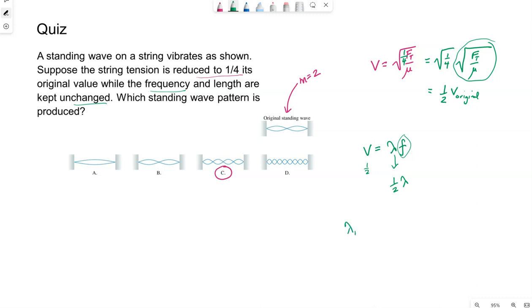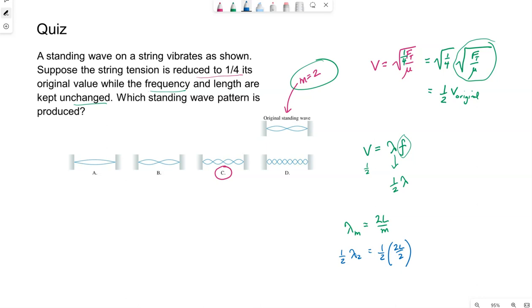Well, the wavelength for a standing wave on a string is 2L over m. m is originally 2, but for the wavelength to be cut in half, so we have 1/2 of lambda 2, 1/2 of lambda 2 was when m was 2.